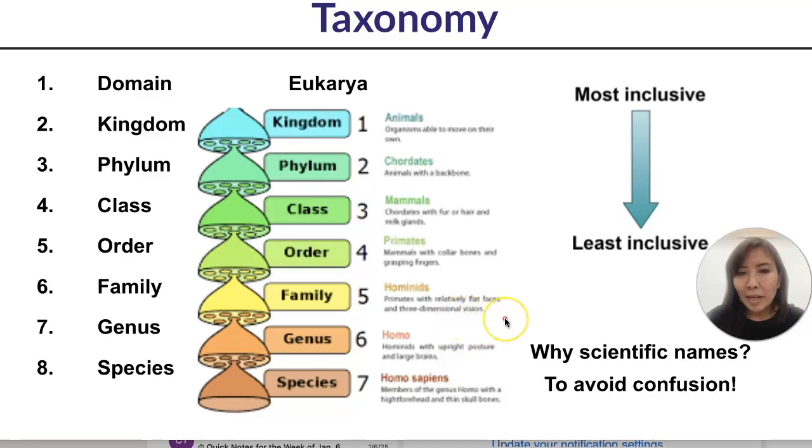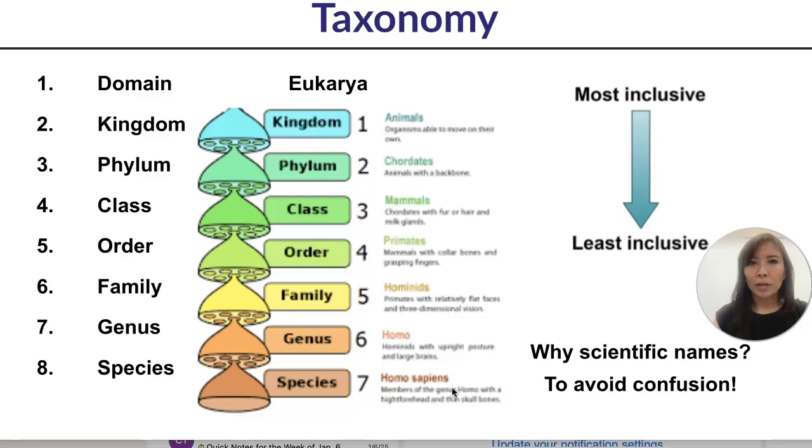Hominins have other features that are similar to other primates, but specifically we look at the way that we visualize and our face and stuff like that. That makes it so that we are distinguished as hominin. And then you've heard that we're Homo sapiens, so our genus is Homo, and specifically the species that we are is sapiens. All Homo sapiens can basically breed with other Homo sapiens, so that's what makes us a single species.